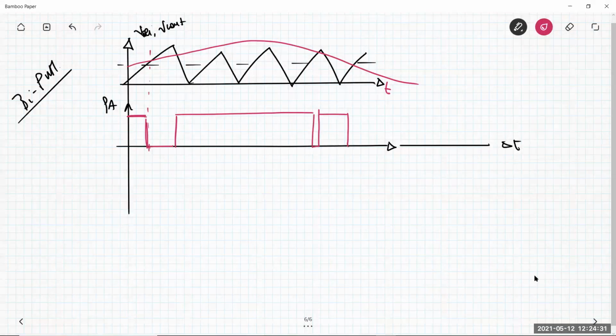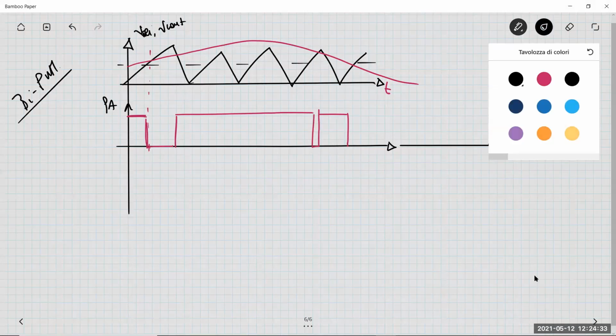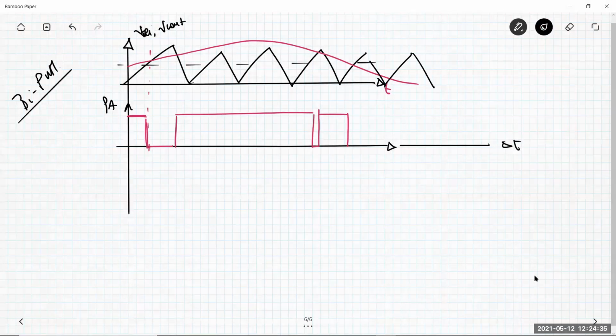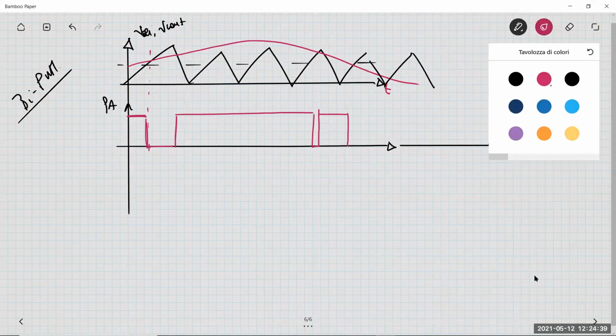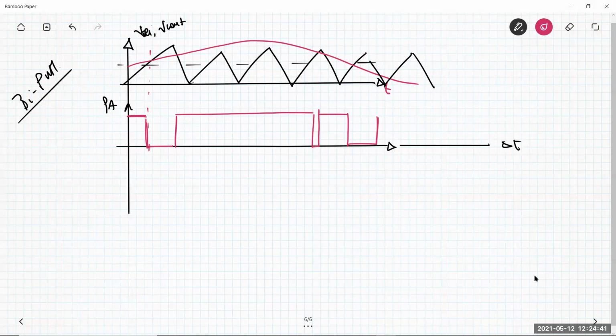And here you have, let me just extend this waveform a little bit, 0, 1, and from this point on you have, for example, 0. Something like this.